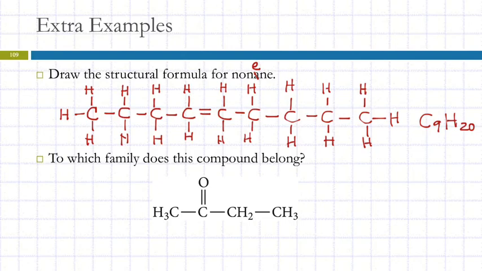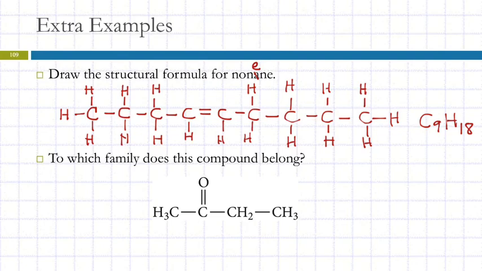So if I stick the double bond in there, now those 2 carbons, this one and that one, they each have 5 bonds. So what we need to do is take off a hydrogen from that carbon and a hydrogen from this carbon, so that the carbons still have 1, 2, 3, 4 bonds each. So that changes its overall molecular formula as well, so then this becomes C9H18.